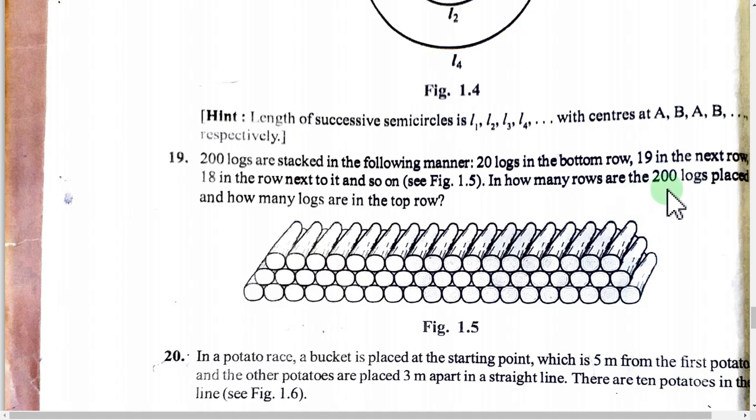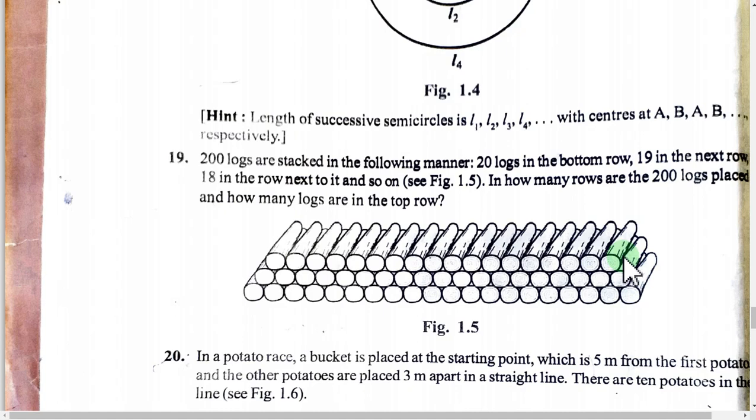There are 200 logs placed altogether. This way, in rows, if the logs are kept, how many rows are required to make 200 logs? Here 3 rows are shown.